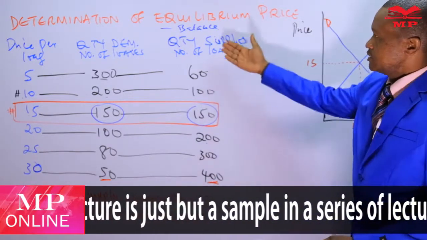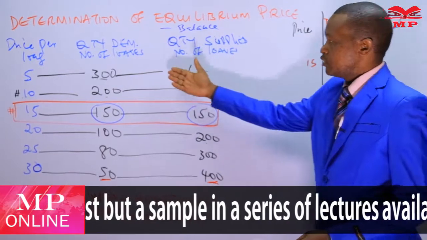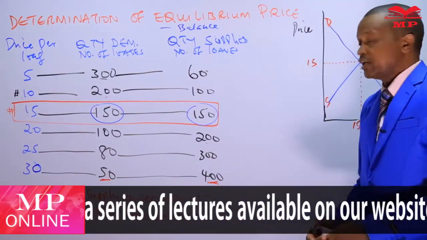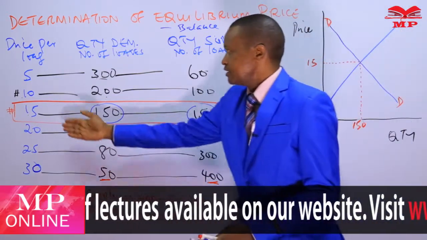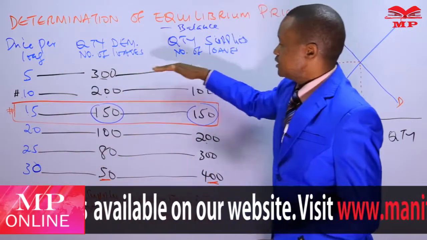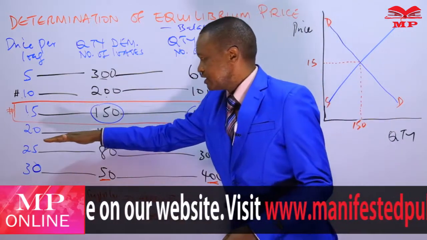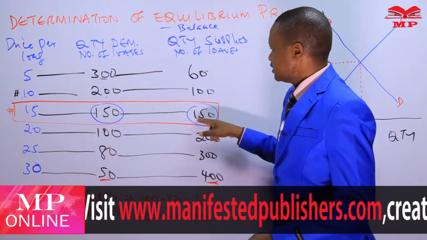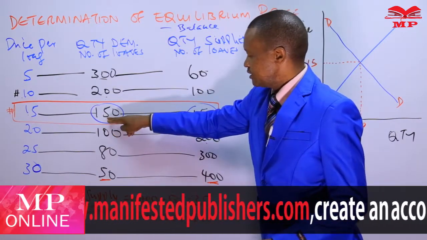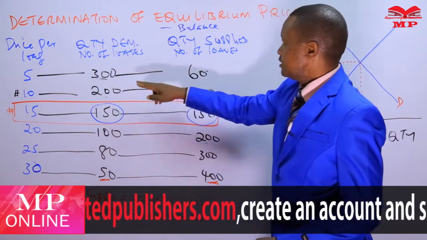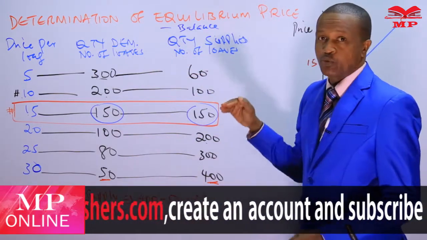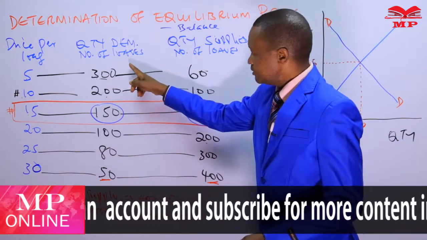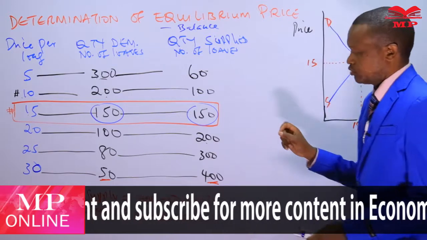We had this example of a number of loaves that are demanded and supplied in a week at the same price, but the quantities demanded are different, until at a price where the quantity supplied equals the quantity demanded, and that is the point of equilibrium, or the point where the quantity demanded and quantity supplied is equal.